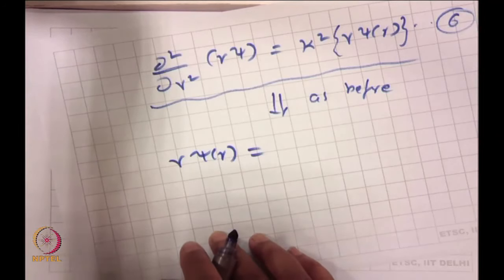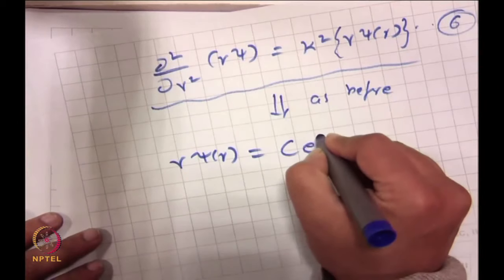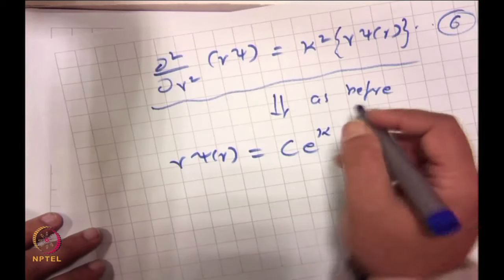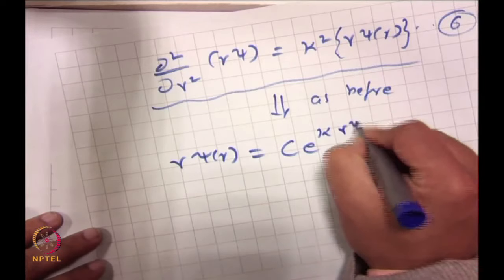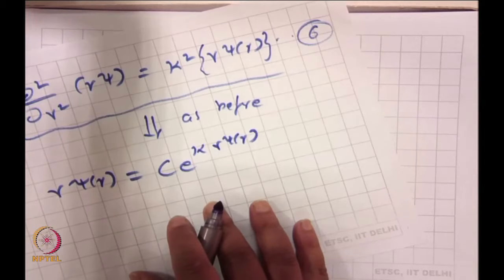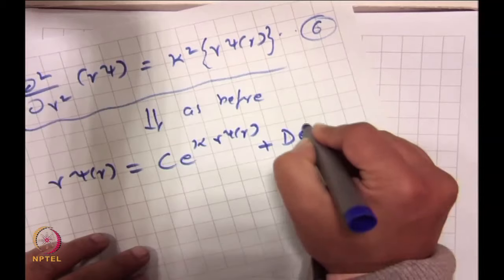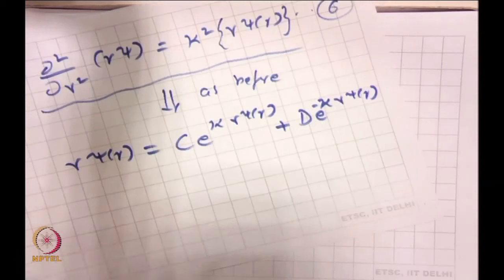The same thing, right? I can write here, say, C e to the power kappa r, then what should I write? What is my x here? It is r. What else do we have? Plus D e to the power minus kappa r. Everyone okay with this? Good.